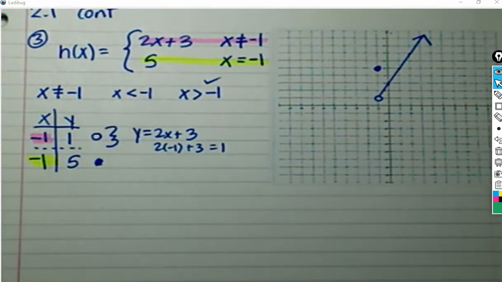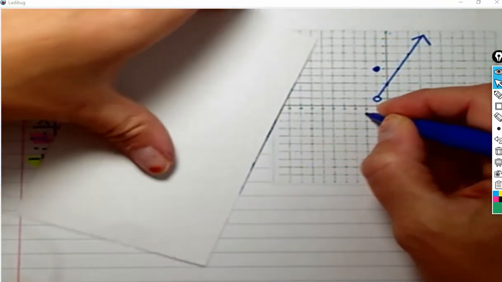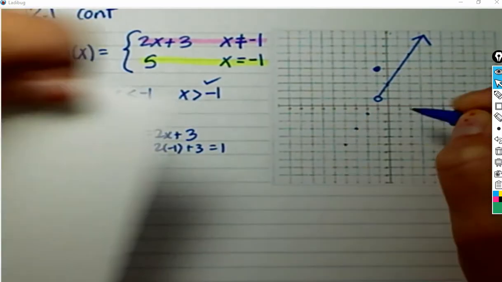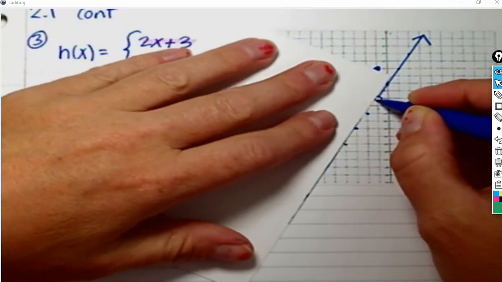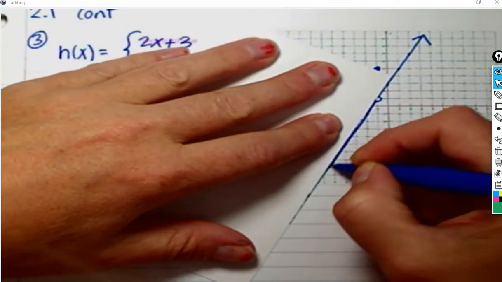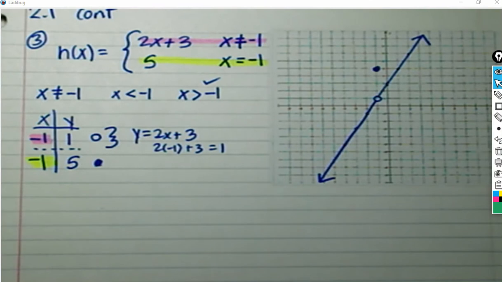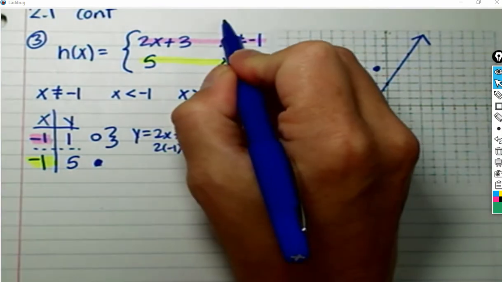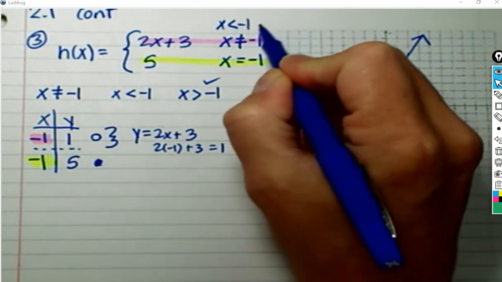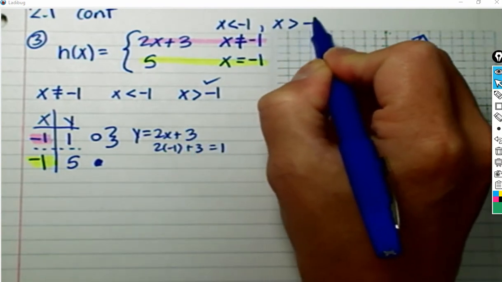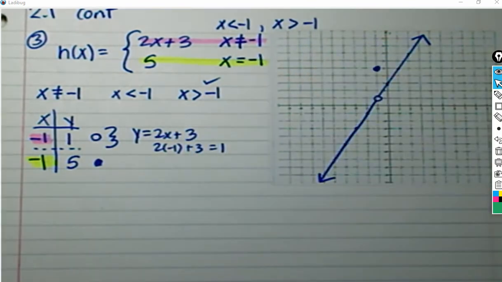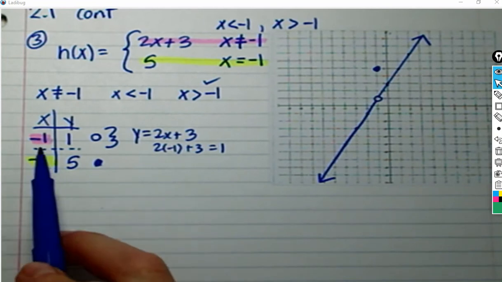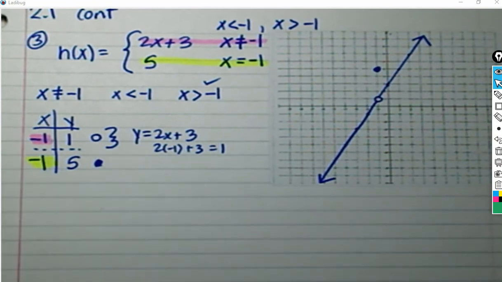Now I need to count to the left. So that not equal to, it's kind of tricky because this really means x less than -1, x more than -1. So you've got two directions to go from that one endpoint.